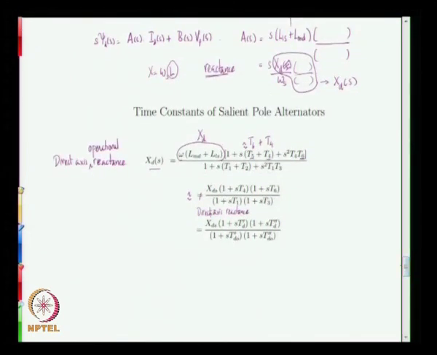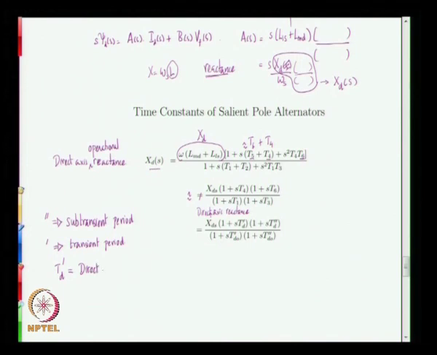The significance of dash and double dash in these expressions: double dash denotes an interval called the subtransient period, and single dash denotes an interval called the transient period. We are simply redesignating T4 as T dash D, T6 as T double dash D, T1 as T dash DO and T3 as T double dash DO.